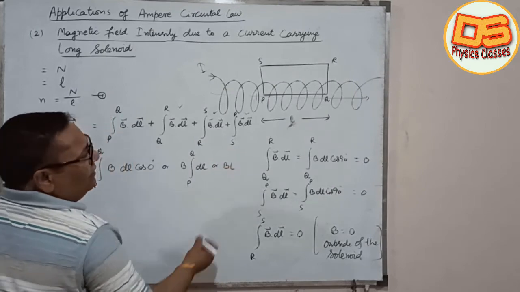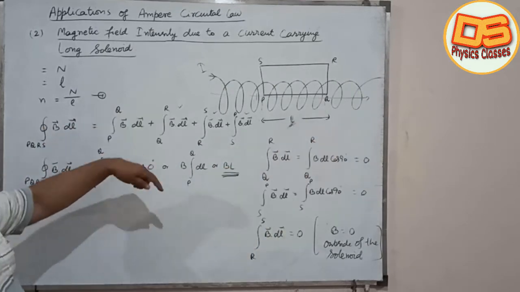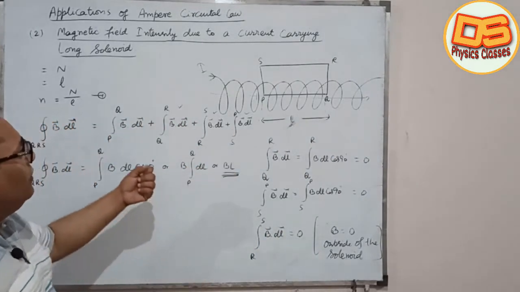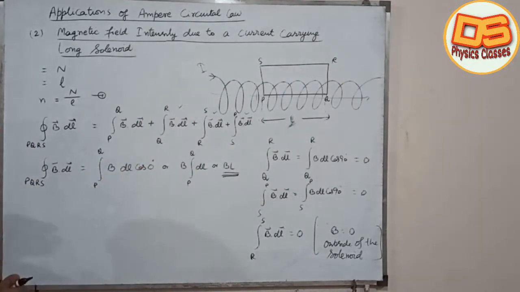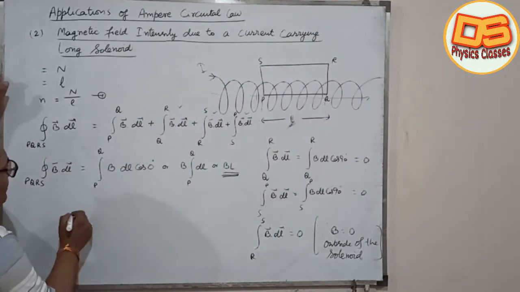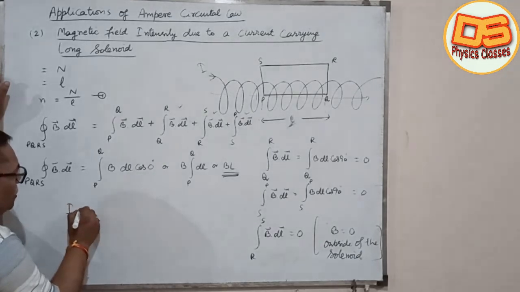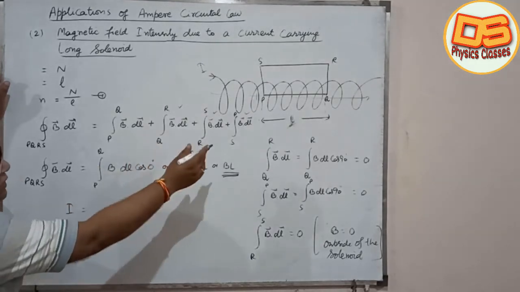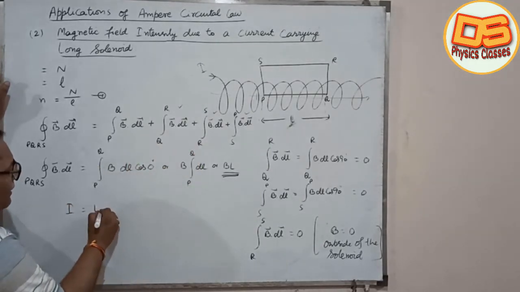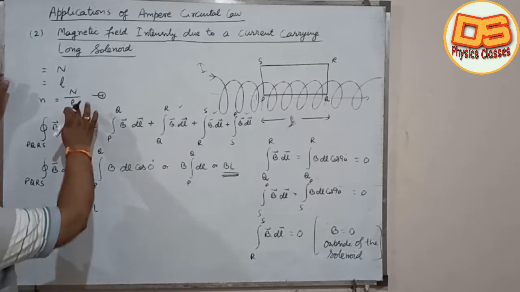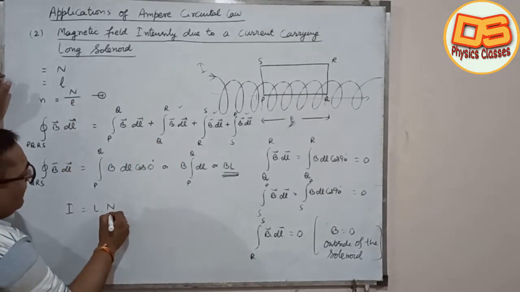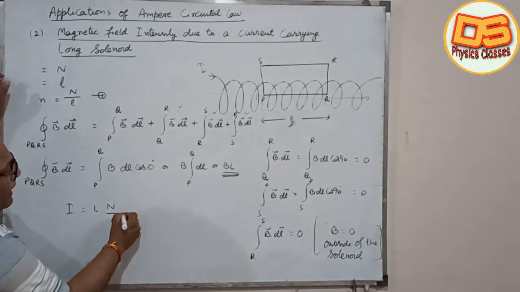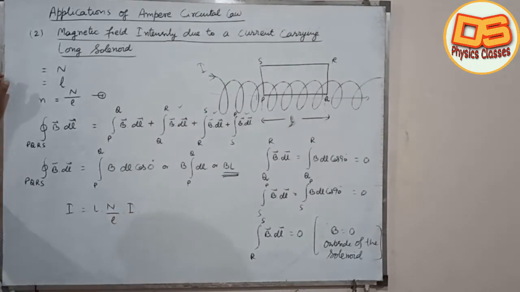That is B into L, because PQ is length L. Now the RHS is the total current enclosed by the loop. With total length L and total number of loops N, N upon L is the number of turns per unit length, and I is the current passing through each loop. Clear?